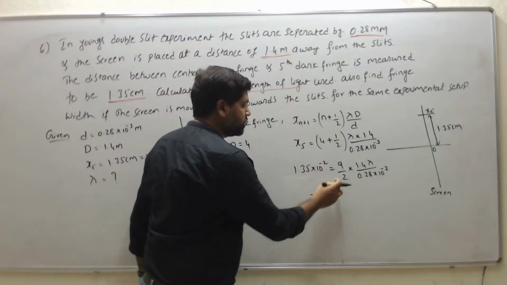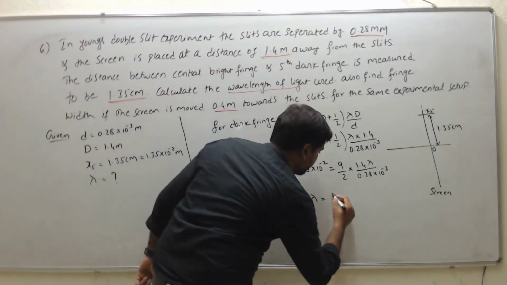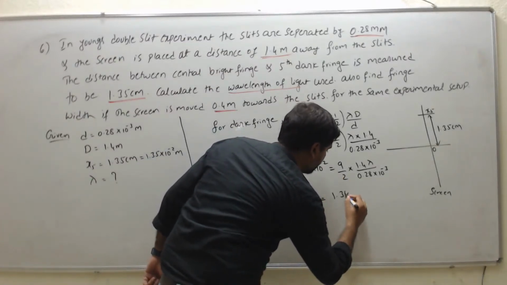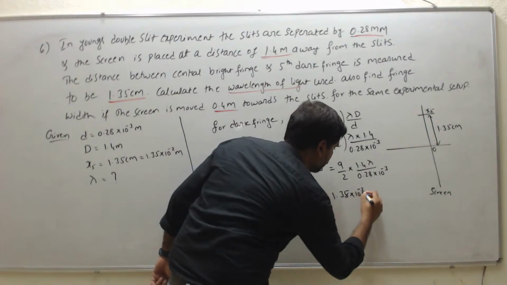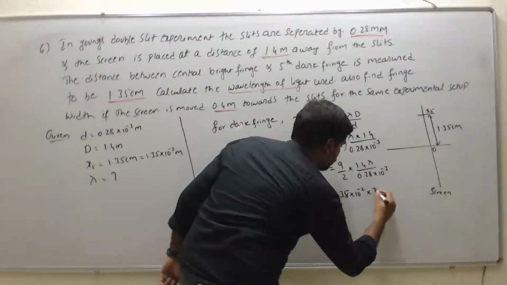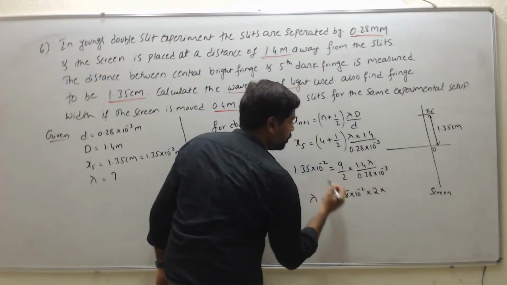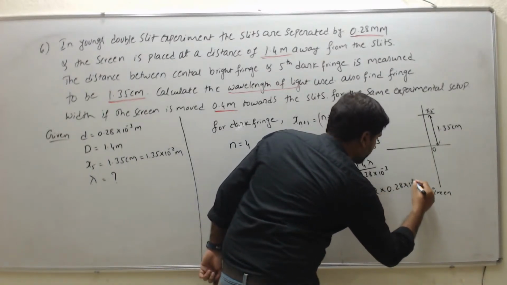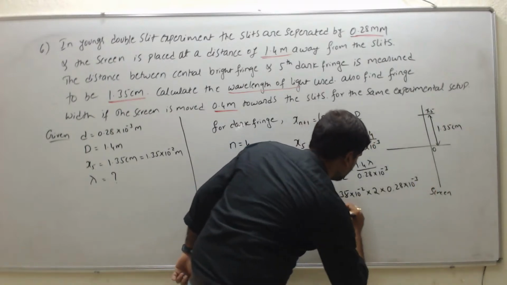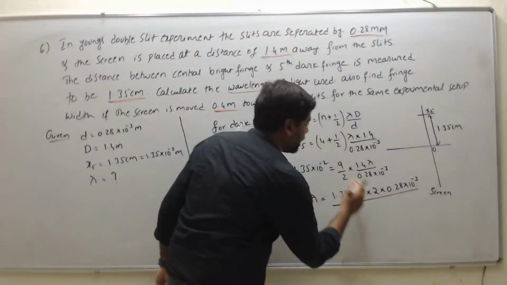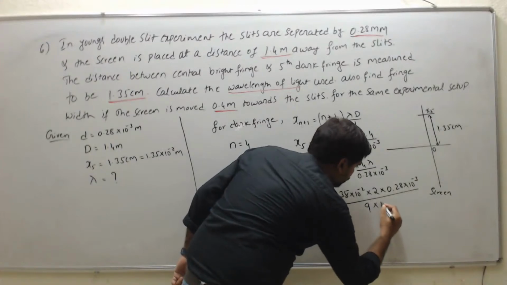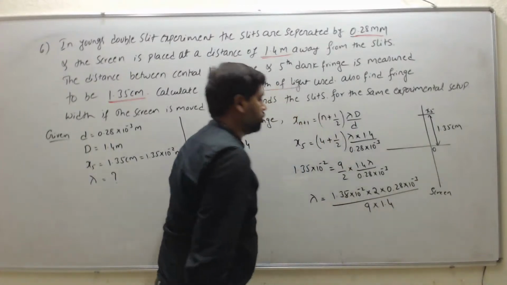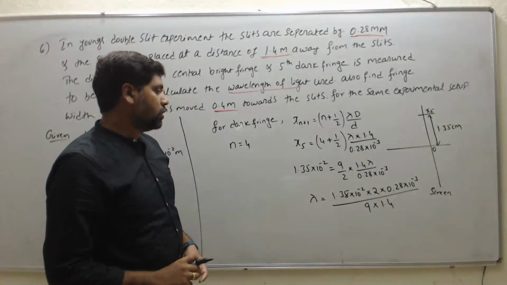Keep lambda as it is, the rest shifts to the LHS, then it becomes 1.35 into 10 to the power of minus 2 into 2 into 0.28 into 10 to the power of minus 3, whole divided by 9 into 1.4, right?